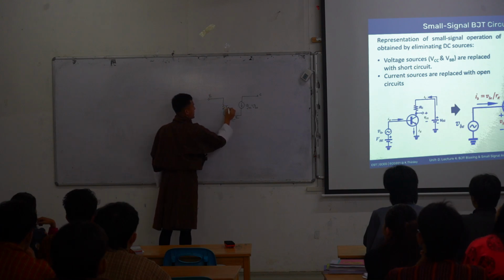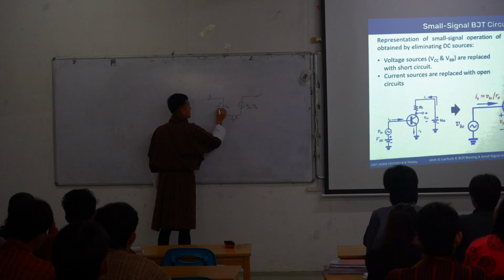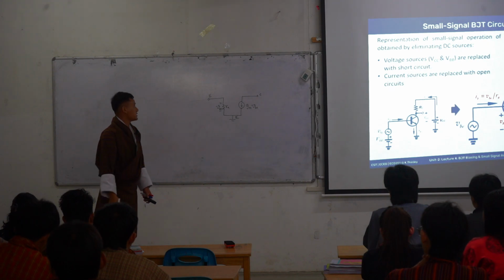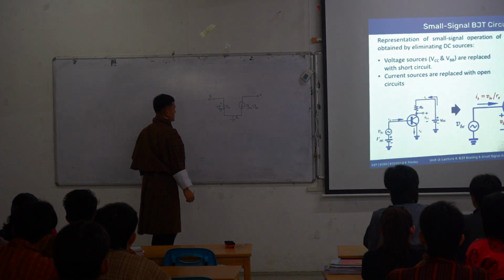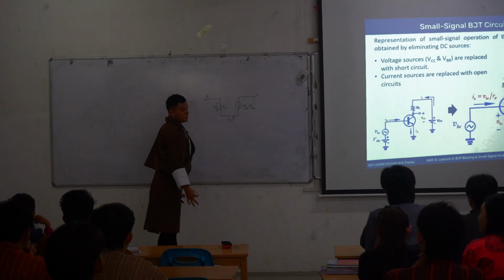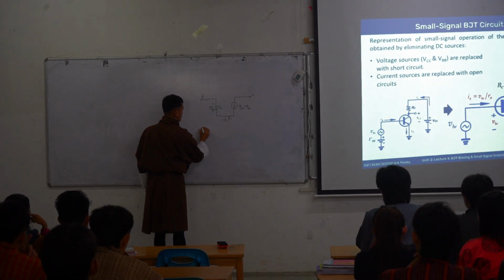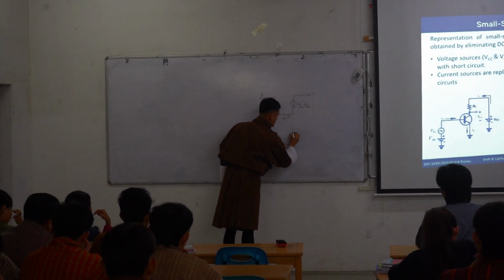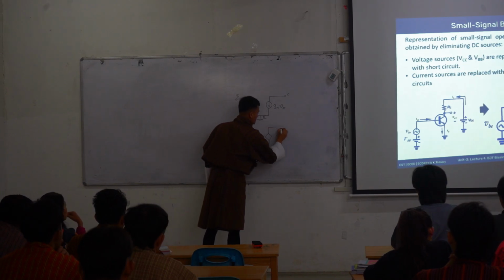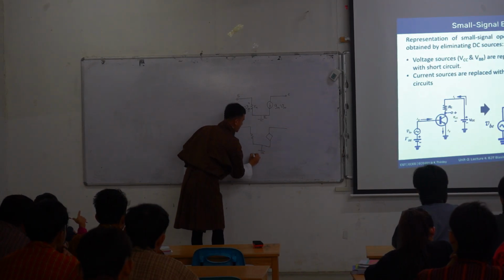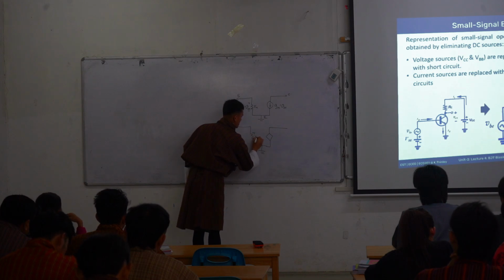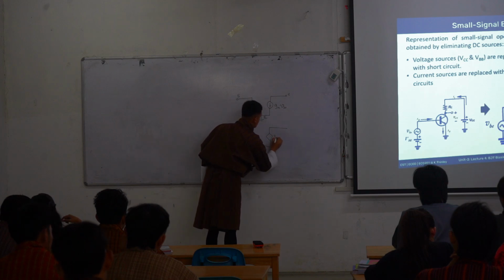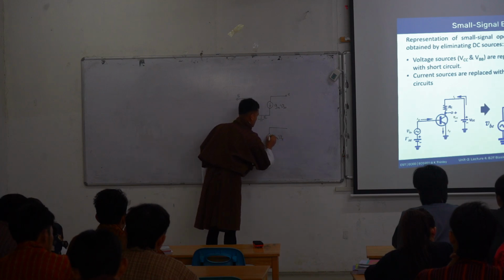This resistor is R pi, and the voltage across this is your VBE. Sometimes you may also see this VBE represented as V pi. In some textbooks you might see this kind of circuit where the voltage is V pi across R pi, and the current source is Gm V pi.